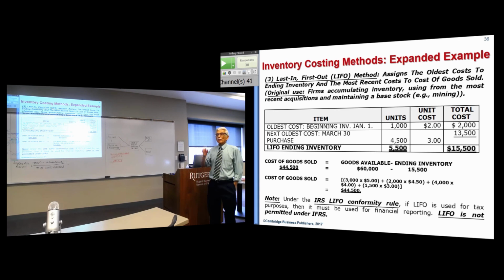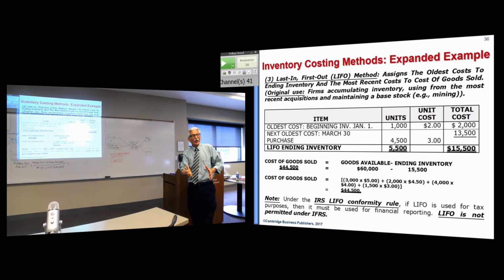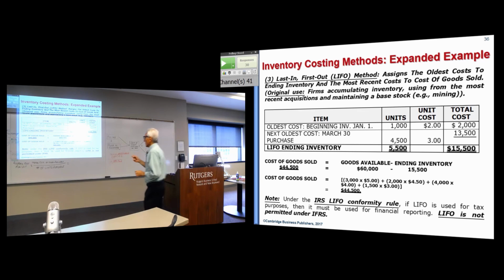If I used a perpetual system and I sell a unit on January 2nd, that would have to be costed at what value? It's got to come out of the $3 layer, right? So if I don't buy anything and sell my first units perpetually, that's why a periodic system is preferred in many ways, or dollar value LIFO.